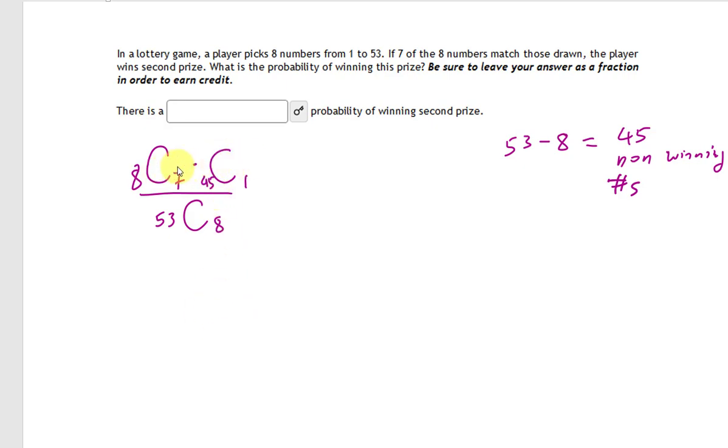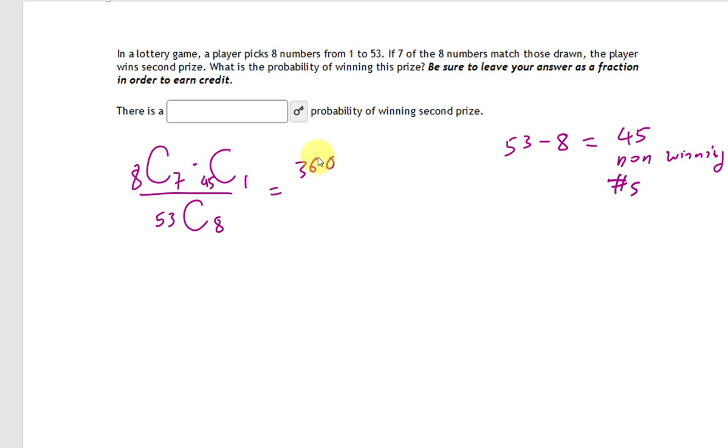And then you want the 2 requirements to be together. That's why we use the AND case, and that is the multiplication between these 2. So you want to take 8 combination 7, that's going to give you 8, and then 45 combination 1, that is 45, so 45 times 8 is 360.